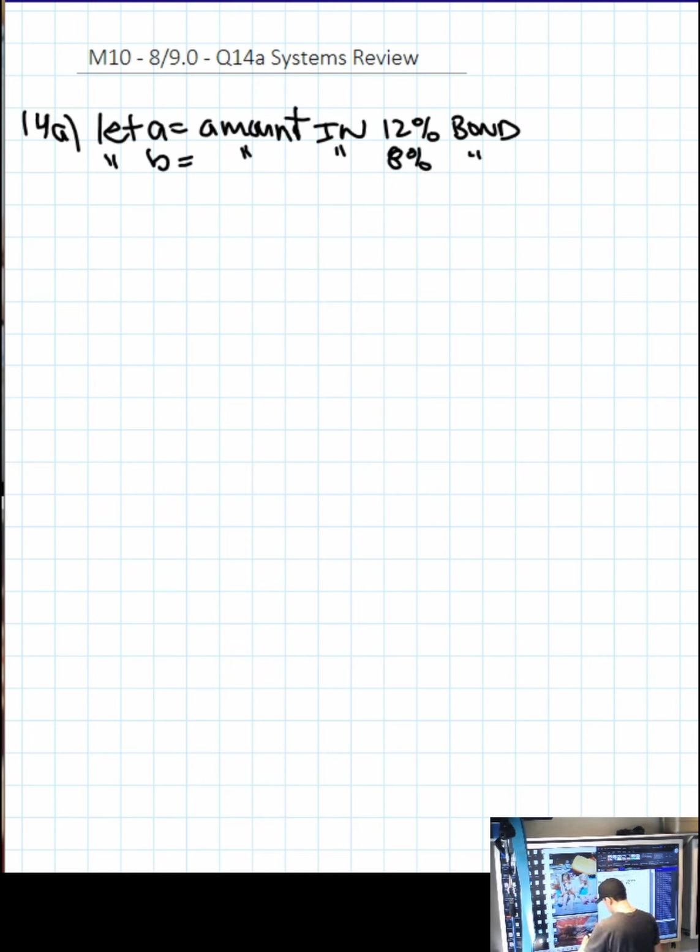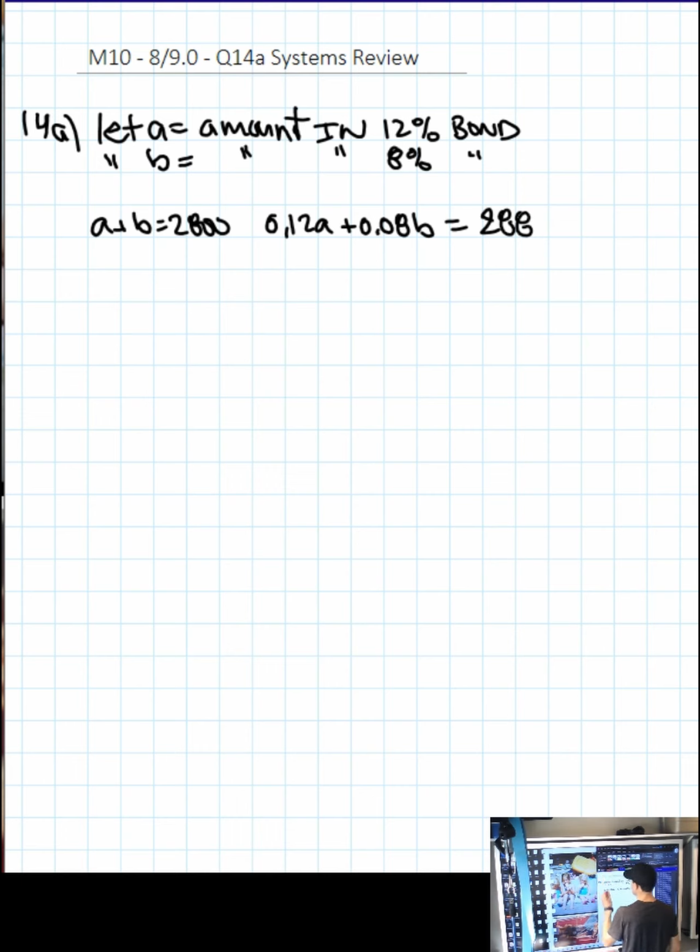So we invested a total of $2,800, so A plus B equals $2,800. Then the amount we're going to make off the investment in bond A is 0.12A. The amount we're going to make off the investment in B is plus 0.08B equals the amount that we're going to make total, $288.